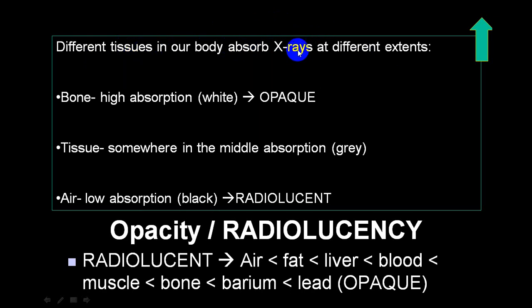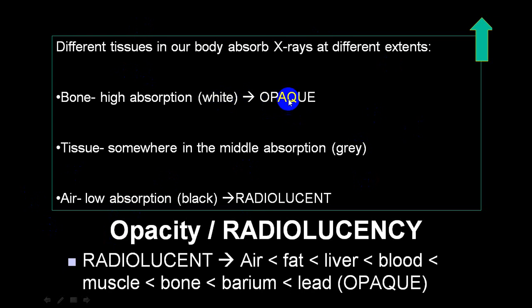The beam which passes through the tissue and falls on the X-ray plate will appear as what we call radiolucent. The beam which is completely absorbed, does not pass through and does not fall on the X-ray plate, will appear as what we call opaque. So this is the basic principle.